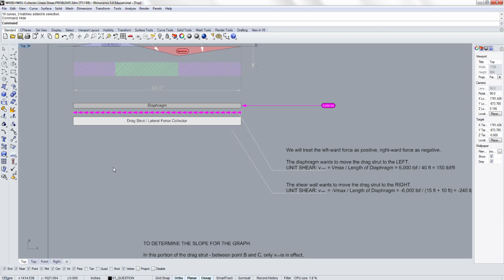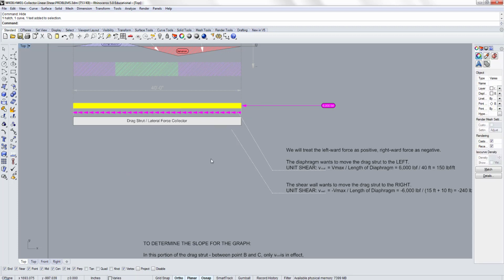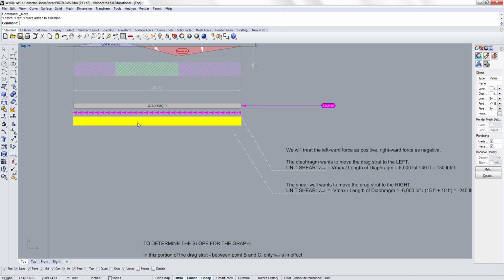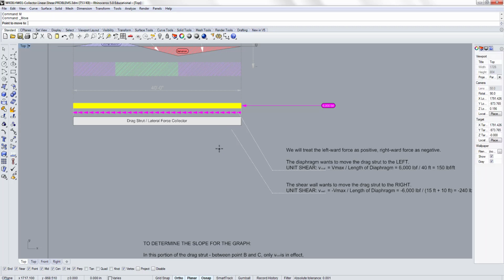So it's like the beam is touching the diaphragm at all edges. This tries to go this way because it's being pushed by this guy, but this doesn't want to move, right? As a result, the beam experiences this linear shear. Between these two, it experiences shear in this direction because the diaphragm is basically trying to push this guy this way, right?